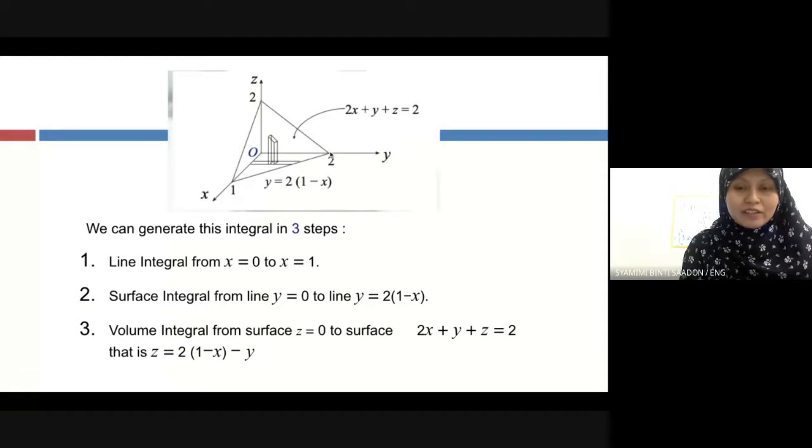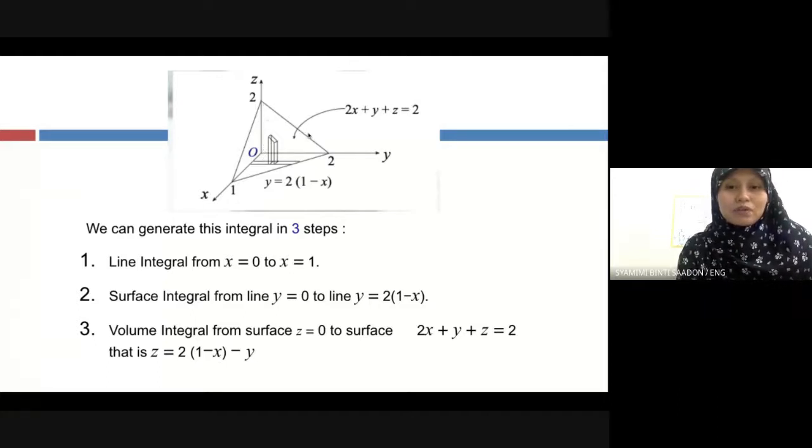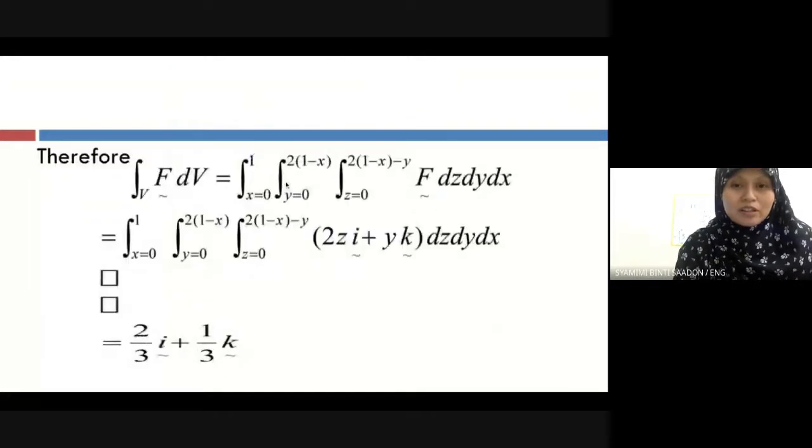And then the last one is the surface where z equals 0 to the surface of 2x + y + z = 2. Okay. This is how you define the integral function, the range.